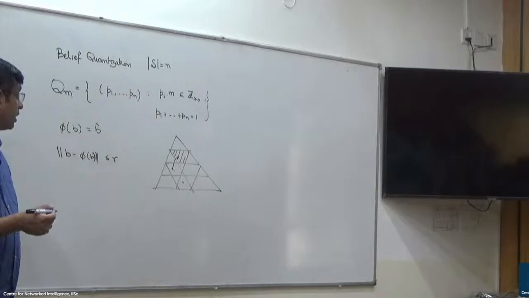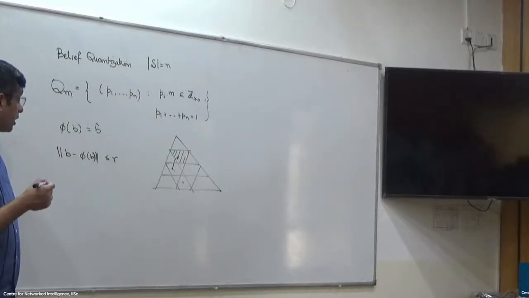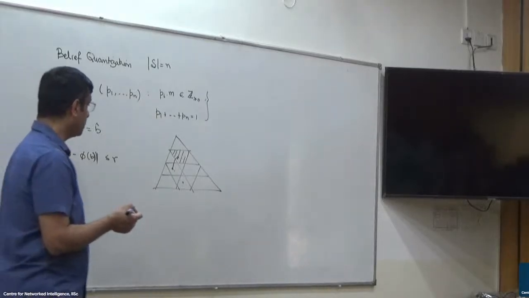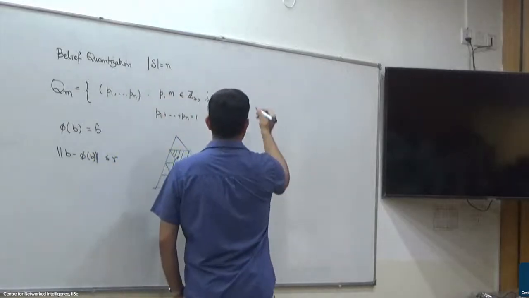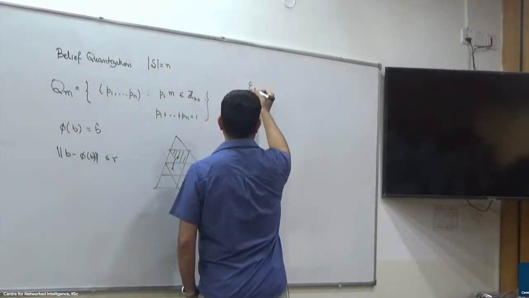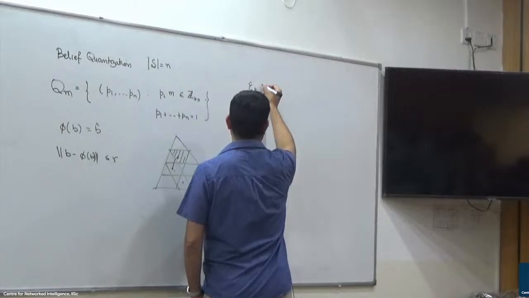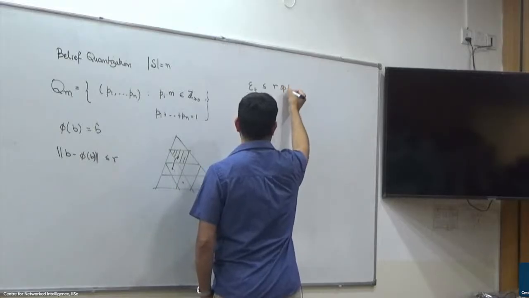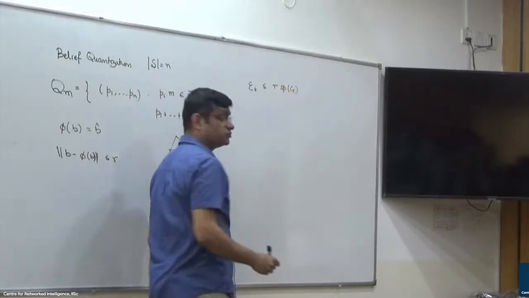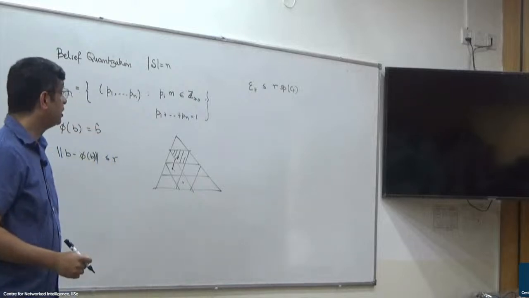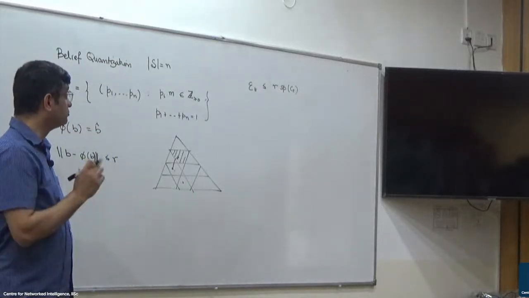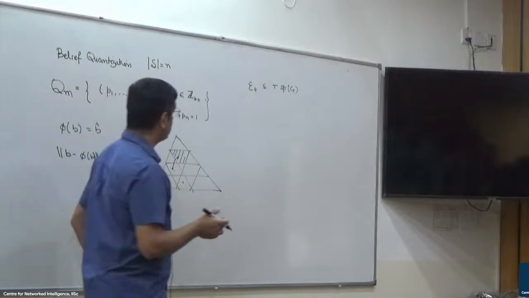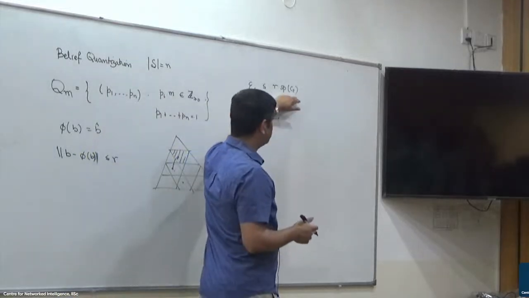And you can show the following. You can show that the epsilon t that we are interested in with this model is going to be upper bounded by r times the span of Ct. This is relatively easy to see because epsilon t is in terms of the expectation of cost with respect to the belief.